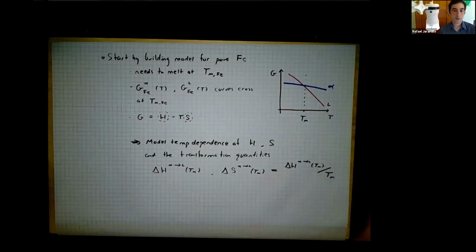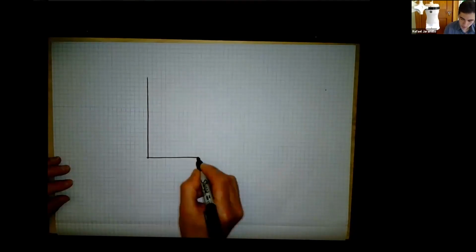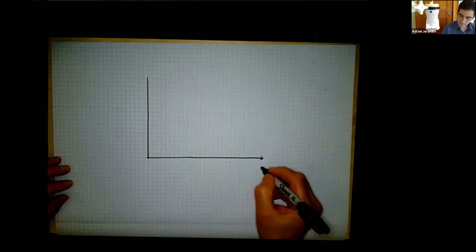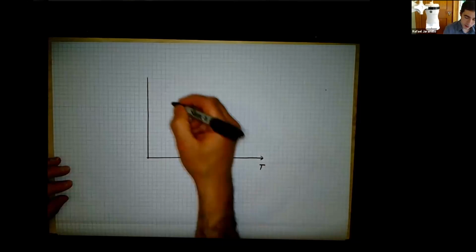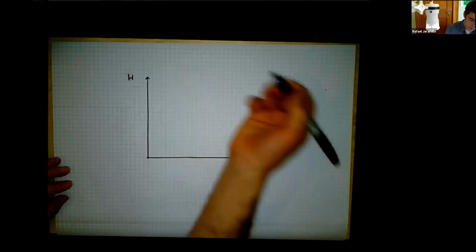Let's take these one at a time, enthalpy and entropy. What do I need to build those models? What data do I need? I'm going to draw this fairly generically. Here's temperature. Here's enthalpy, right?